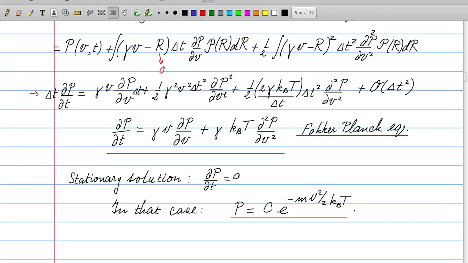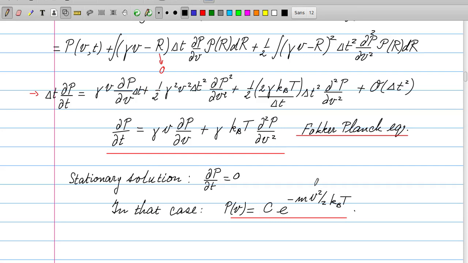We can find the stationary solution, which we will arrive at if we wait long enough. Then dp/dt does not depend on the time anymore, so we put that equal to 0. In that case, we find that p, which is now only a function of v, turns out to be a constant times e to the power minus mv squared over 2kBT.